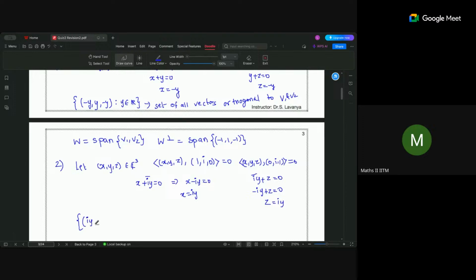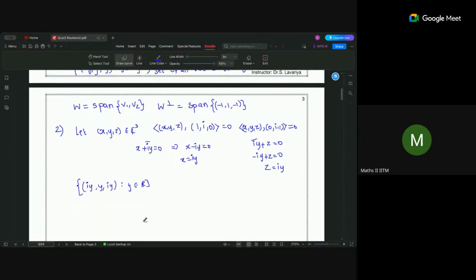It is (iy, y, iy) with y in C. What is the spanning vector here? (i, 1, i), yes, this is the spanning vector. Okay, fine.